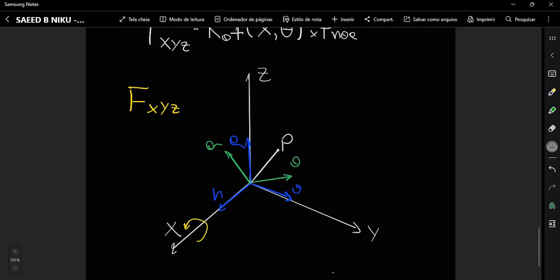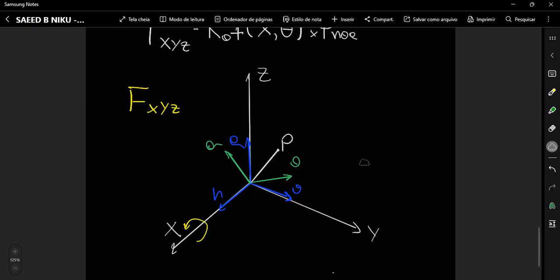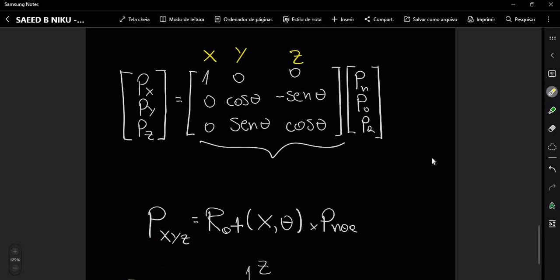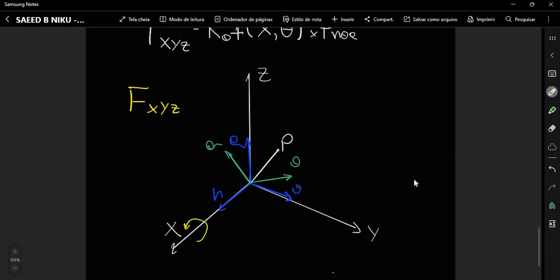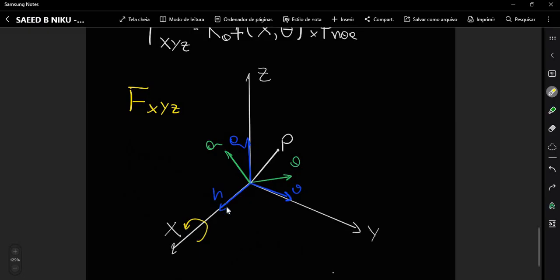And on the axis x we will not have any change, because the transformation of pure rotation is made above this axis.